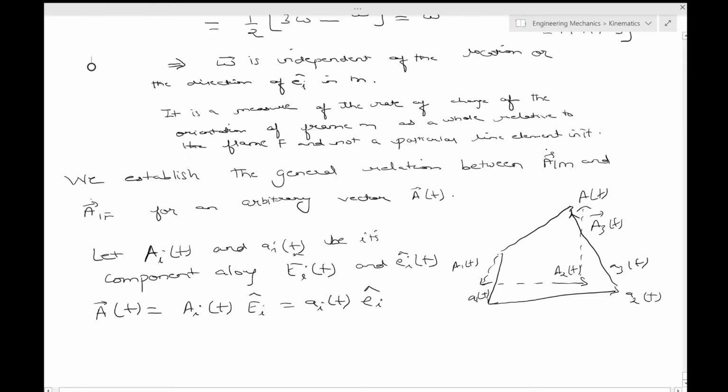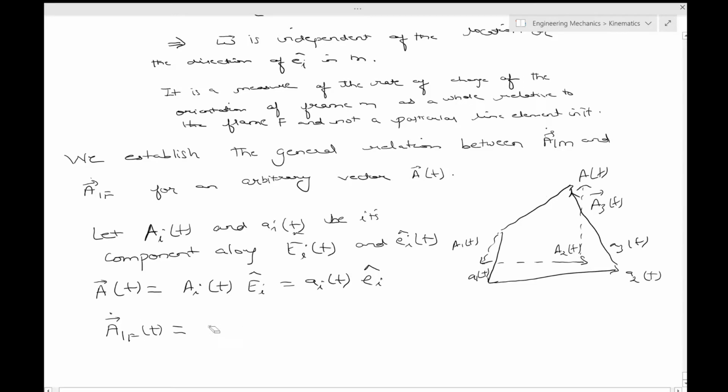Now let's take the time derivative. A dot of F with respect to time is equal to A dot I EI, because EI being constant means that we are in the frame F, and that would mean that it can only be A dot I EI hat, because EI dot will be equal to 0 since we are in this frame F. Similarly, A dot of M is equal to A dot such that the M coordinate system is fixed.